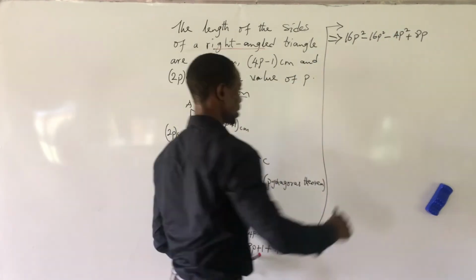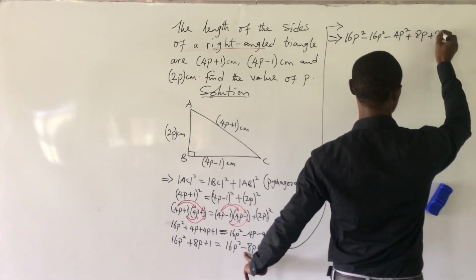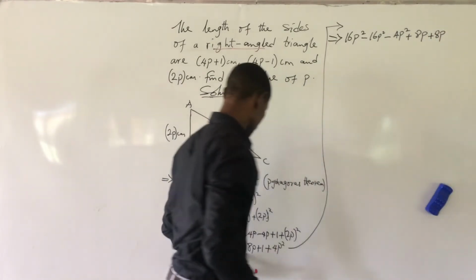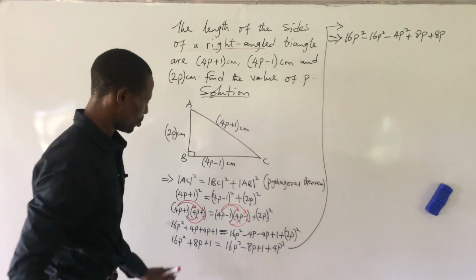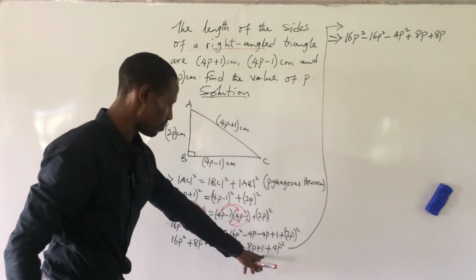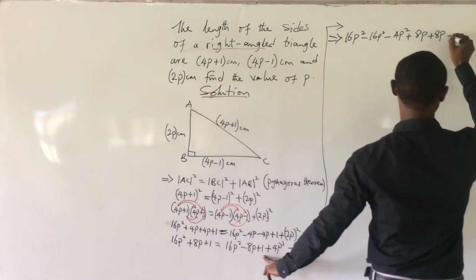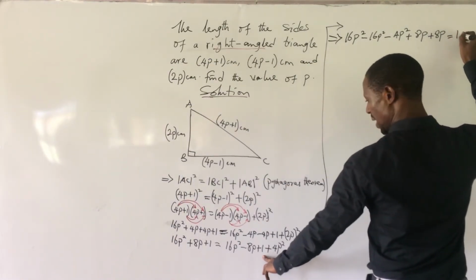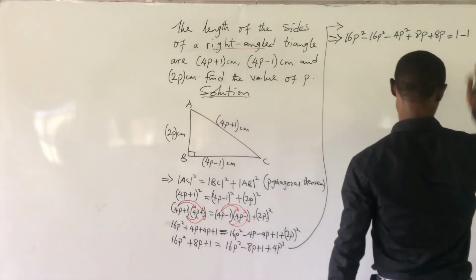Then we have 8p, which turns to plus 8p again. Then we send the 1 from the right to the left-hand side, so 1 minus 1.